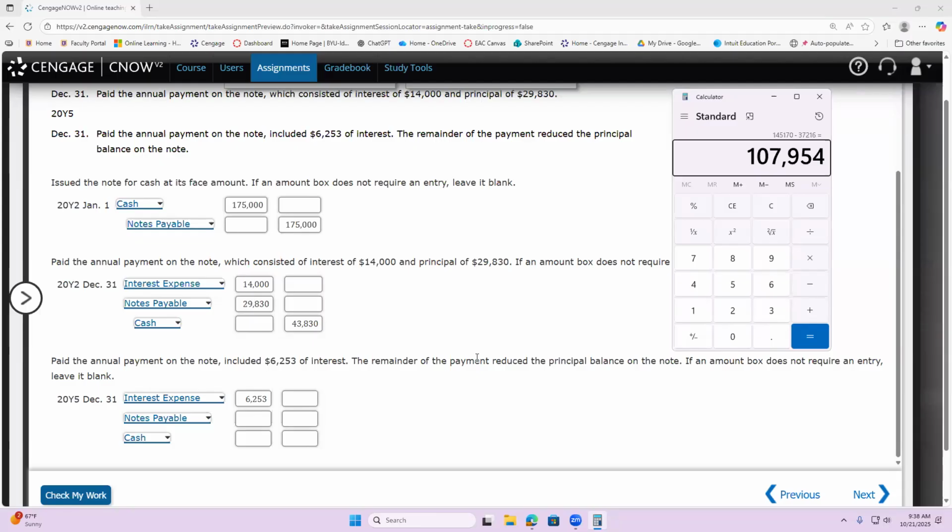Year three, we start the year with 107,954. We pay 8% interest, which is 8,636, meaning our principal is the full amount of the payment, 43,830 minus 8,636, or 35,000. That doesn't sound right.